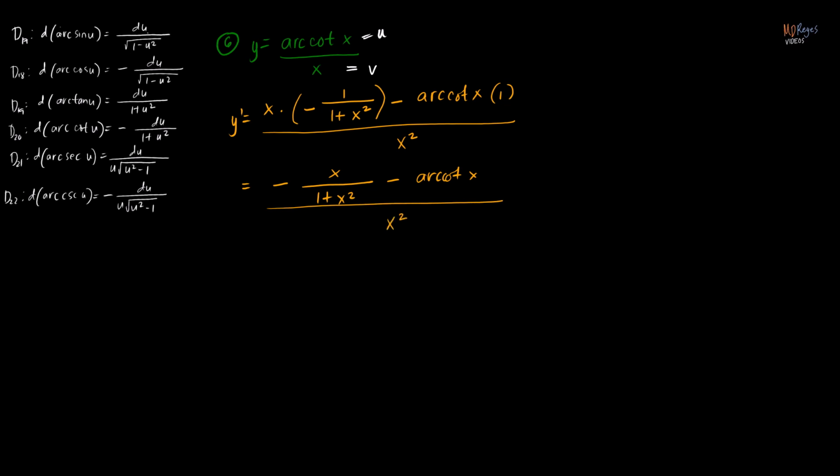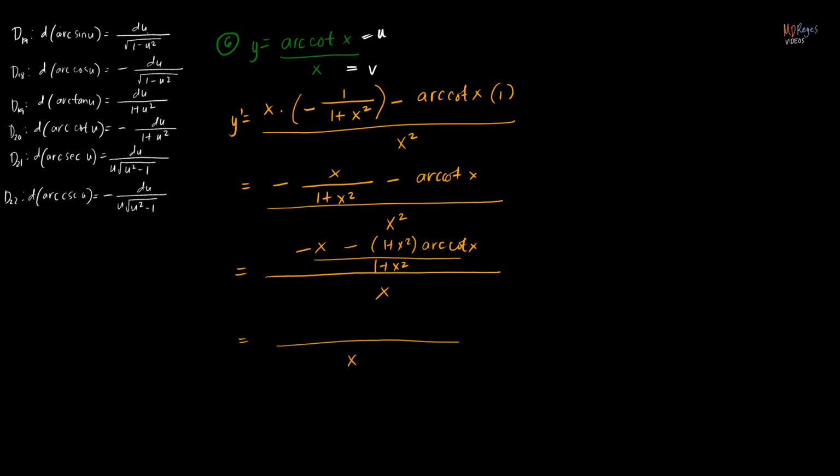Now this is again a complex fraction, so we take the LCD. In the numerator, that is 1 plus x squared. So the first term is still the same, negative x, minus 1 plus x squared times arc cotangent of x. Now simplifying our complex fraction, the denominator will be the product of x and 1 plus x squared.